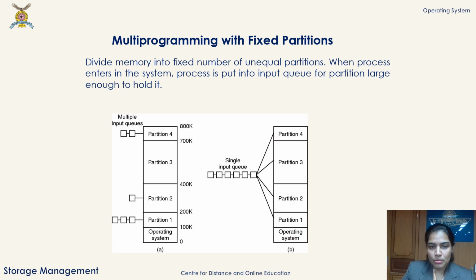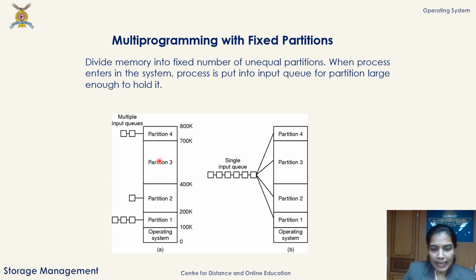As opposed to monoprogramming, we have multiprogramming with fixed partitions. Here we divide the memory into a fixed number of unequal partitions. When a process enters the system, it is put in the input queue for the partition that is large enough to hold it.